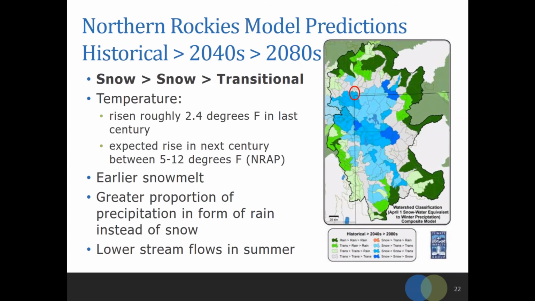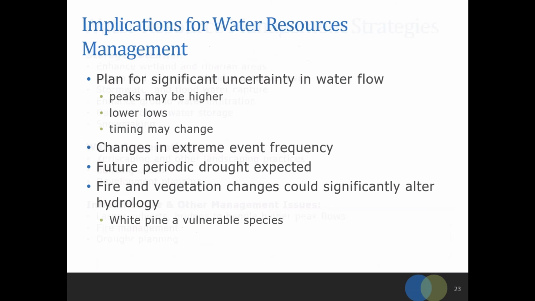In the Northern Rockies, looking to the future, right now we're in a snow system. In the 2040s, we're still predicted to be snow there in blue, but by the 2080s, we're predicted to be in this transitional zone. We've seen increases in temperatures, predicting earlier snowmelt, greater amounts of precipitation in the form of rain than snow, and potentially lower stream flows in the summer.